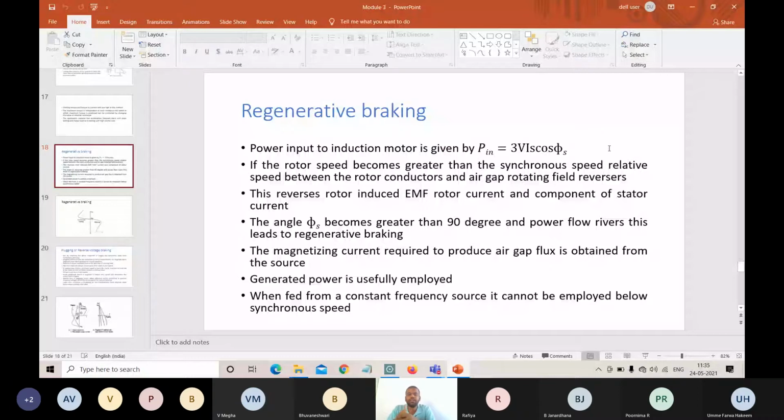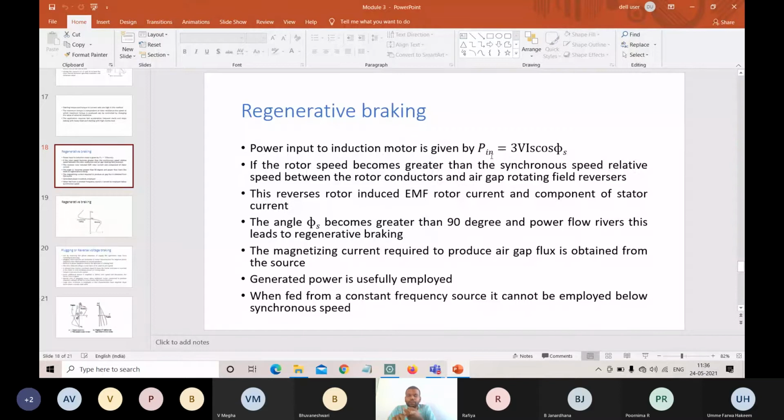This reverses the rotor induced EMF, the rotor current and the component of stator current. The air gap rotating field reverses, and this automatically reverses the rotor induced EMF. Flux is nothing but a mutual link between one circuit and another circuit, just like train bogies, where one bogie is attached to another.